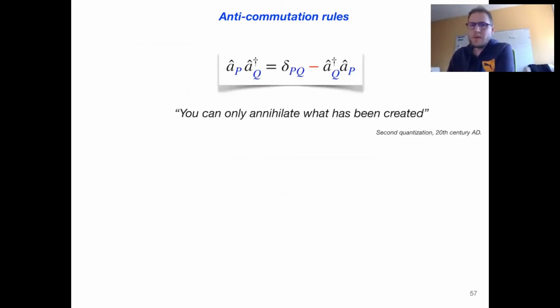Okay, so the rule is here. I repeat, that's the rule of anti-commutation between creation and annihilation operators. And if I had to summarize this and give some kind of physical meaning, I would write this, and it sounds like a Chinese proverb or something like that: you can only annihilate what has been created.